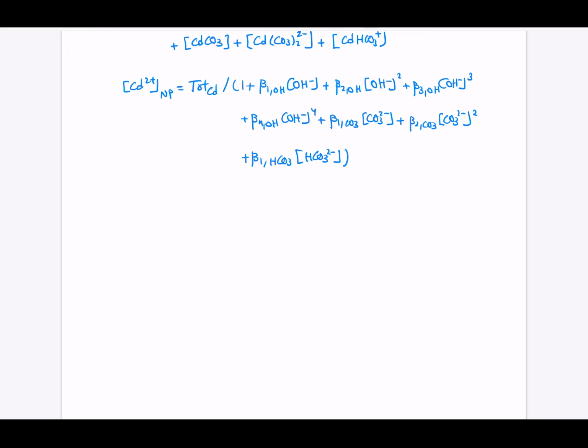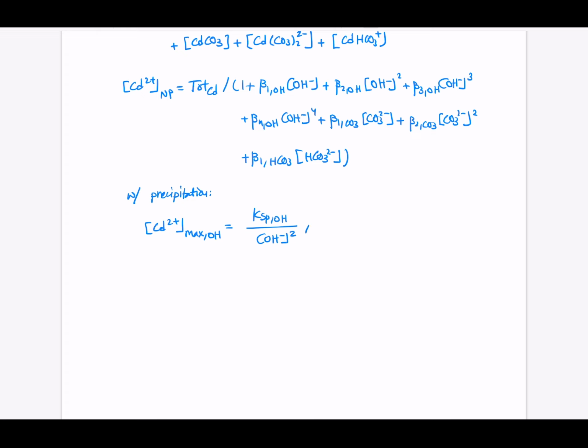Now we have with precipitation. This time we have the cadmium 2 plus max, considering the precipitate with hydroxide, then this would be Ksp of hydroxide divided by the hydroxide concentration to the power of 2.